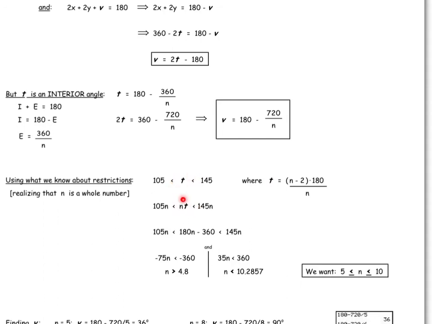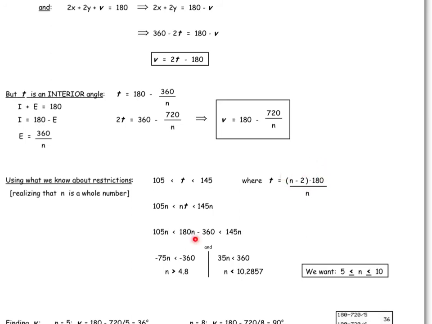So I multiplied 105 by n, I multiplied t by n, and I multiplied 145 by n. I did this so that I could make my inequality match the equation that I got when I multiplied n times t. By doing that, I'm now allowed to replace the n times t with n minus 2 times 180, which I distributed to be 180n minus 360.